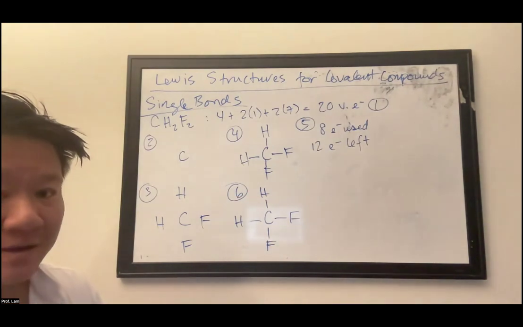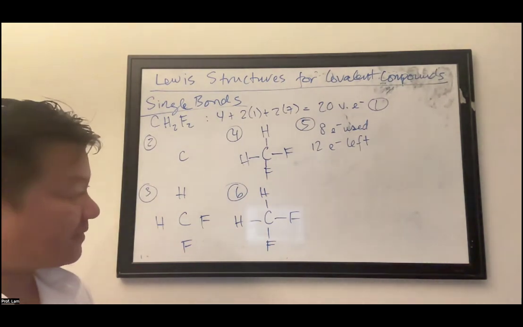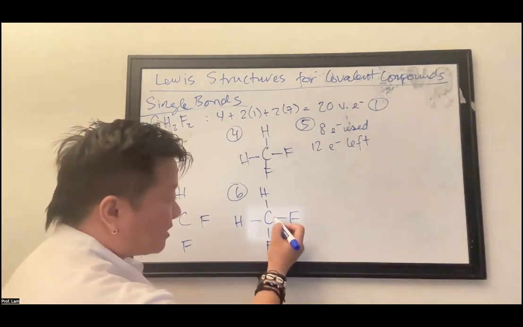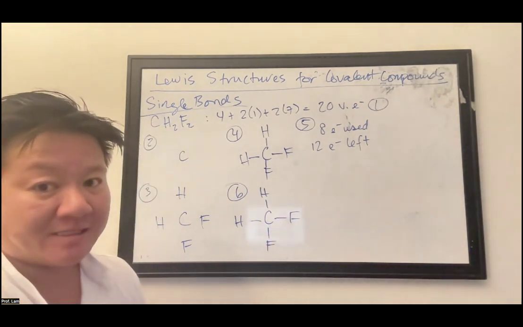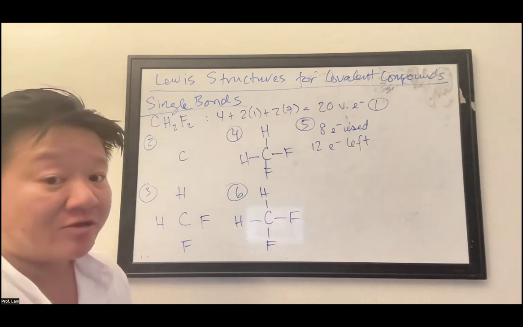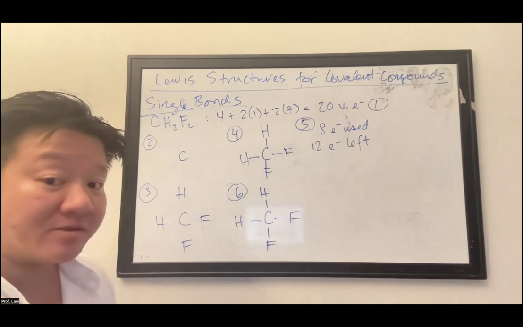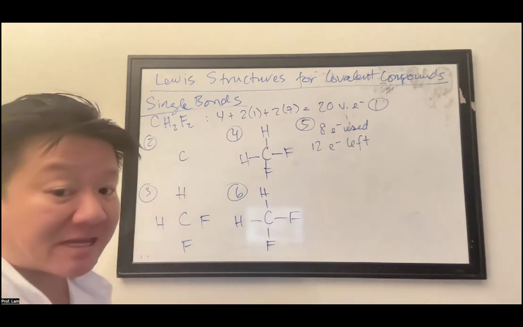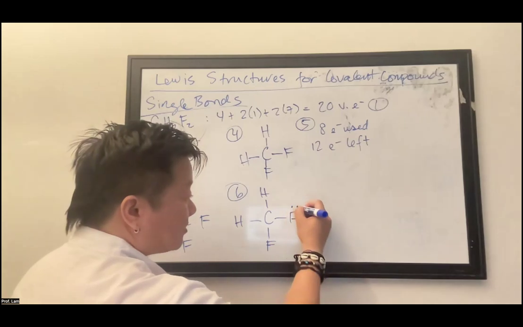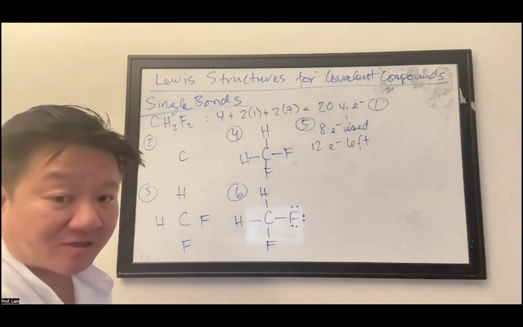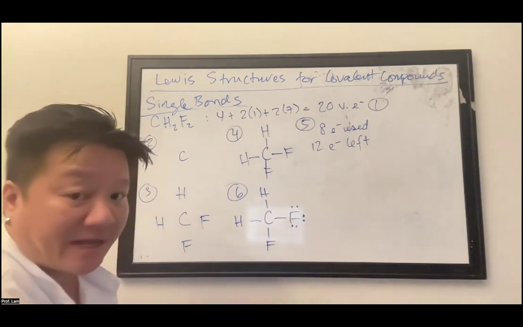Okay, so now we go to fluorine. Fluorine has 1, 2, but it needs 8. So it needs 6 more. If you're gonna do this as pairs, that's 3 pairs. Remember, you always need to distribute the remaining electrons as pairs. So that's 2, 4, 6. So 3 lone pairs for the fluorine, and that makes 8.